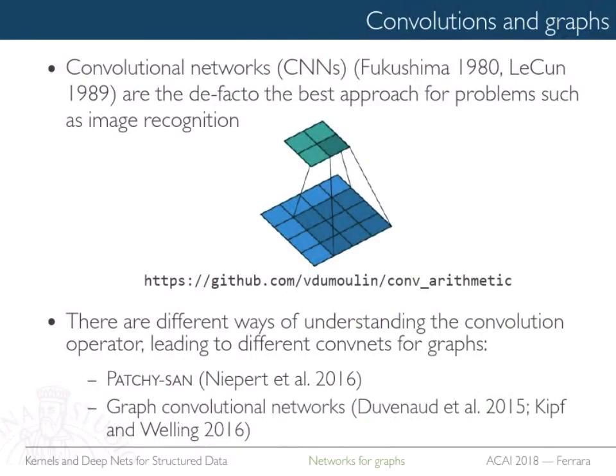Okay? And the idea is to extend convolutional neural networks. Why convolutional neural networks? Let's see. If you don't know what a convolutional neural network is, this is the state of the art in computer vision. All the fancy neural networks you see in the press, that win the awards, are all based on this very simple trick invented by Fukushima in the 80s and reused by Yann LeCun also in the 80s for handwritten character recognition.